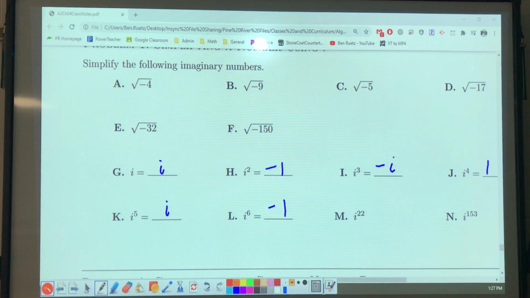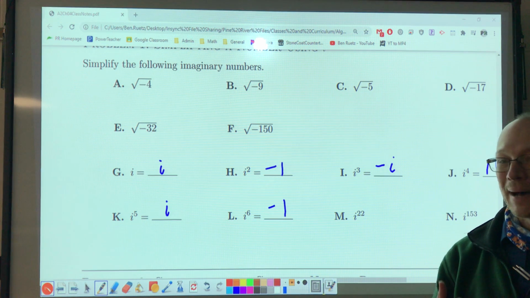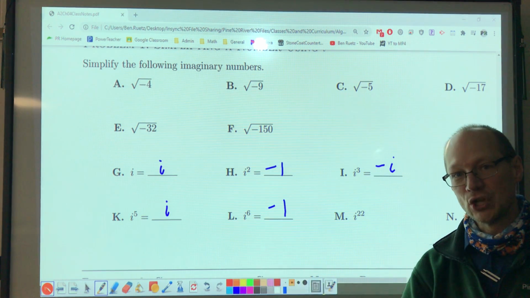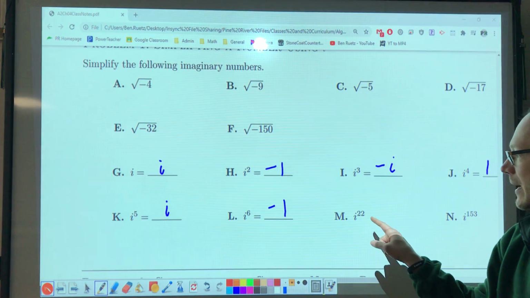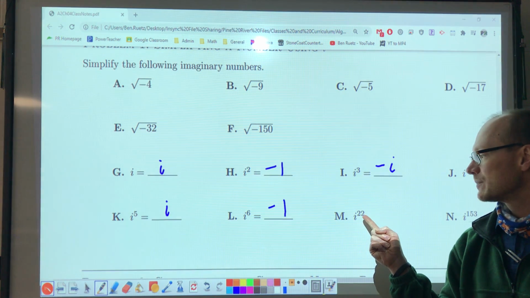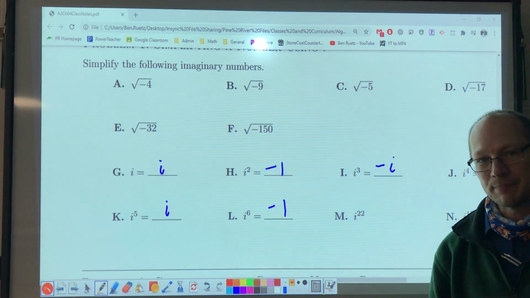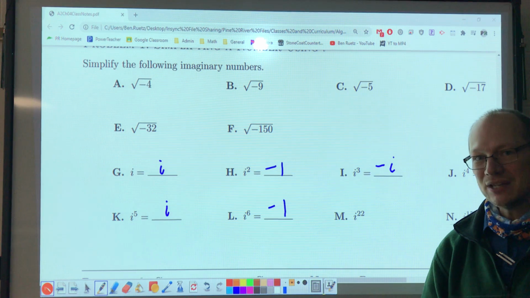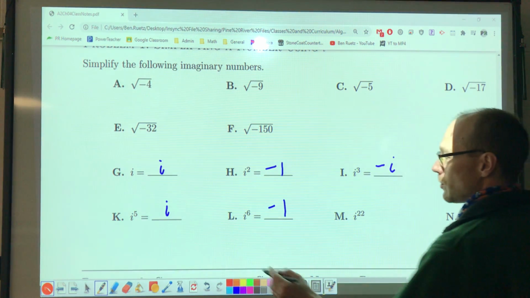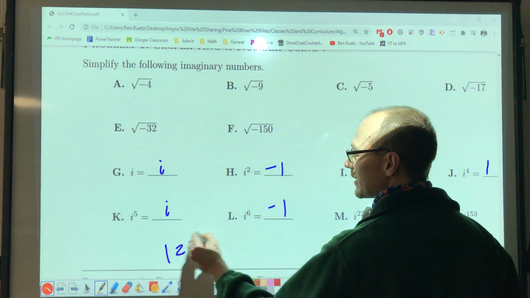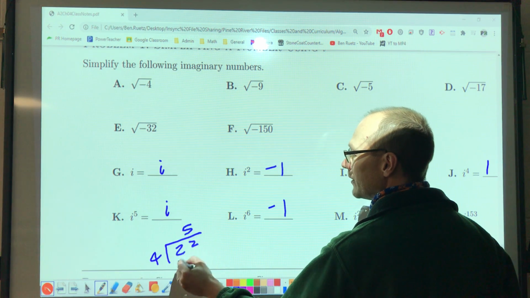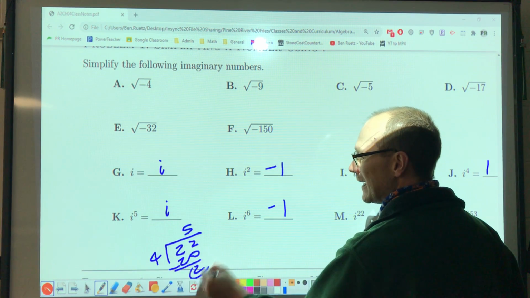So what you can do is recognize that the powers of 4 just go away. That's why I have in my notes that you take the exponent that you want, divide it by 4, and the remainder is your new exponent. So 22 divided by 4 is 5, with a remainder of 2.